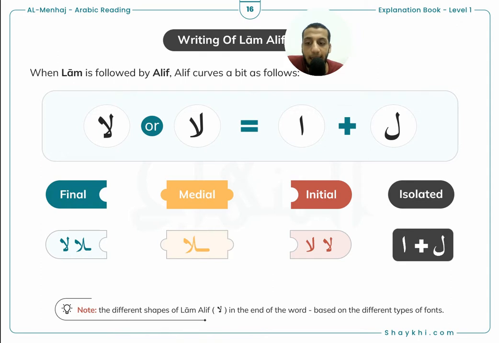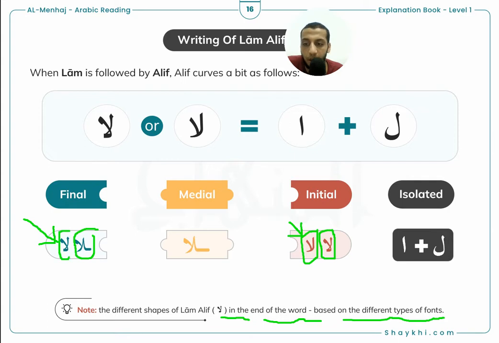And I also want to say here that the different shapes of lam alif at the end of the word are based on the different types of fonts. As we can see, lam alif has different shapes in the final form and in the initial form. So you can use this shape or this shape, you can use this shape or this shape for the final forms, just because of the different types of fonts.